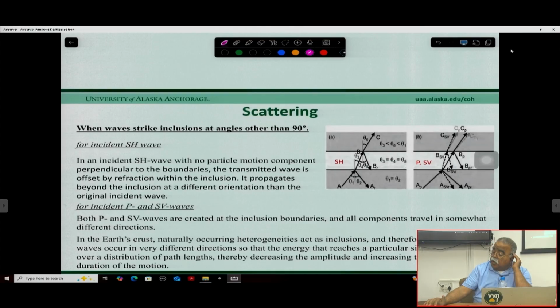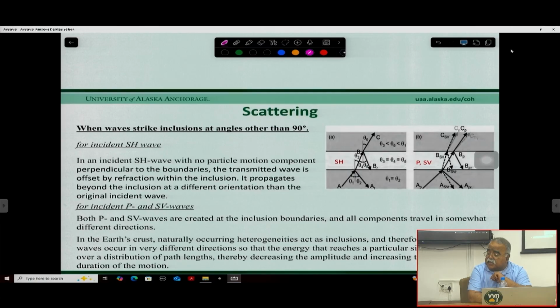So if we are incidenting an SH wave into this one, this is the incident SH wave with no particle motion. SH means it's basically the horizontal motion, right? So horizontal motion means the particles are in a horizontal plane, while vertical means vertically polarized with the direction of propagation.